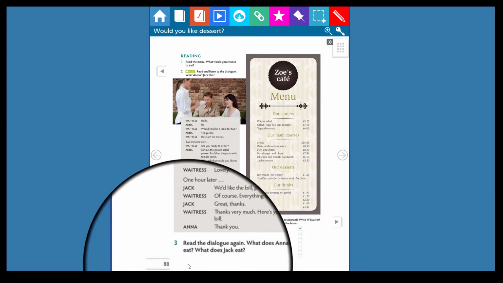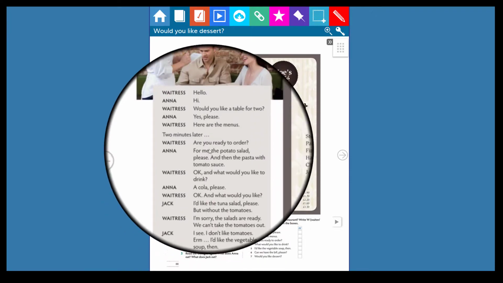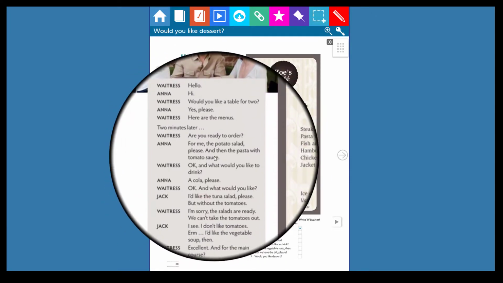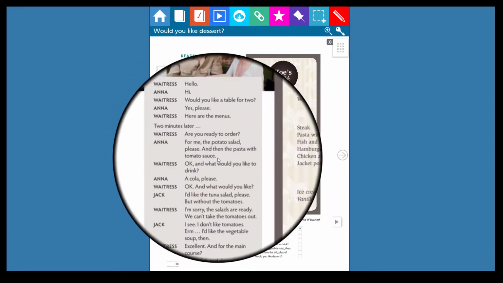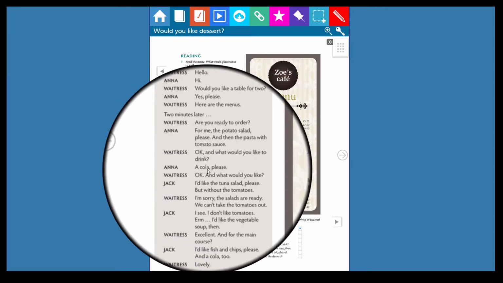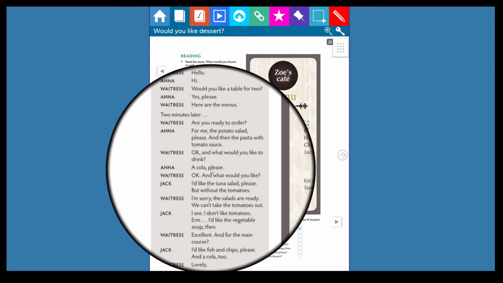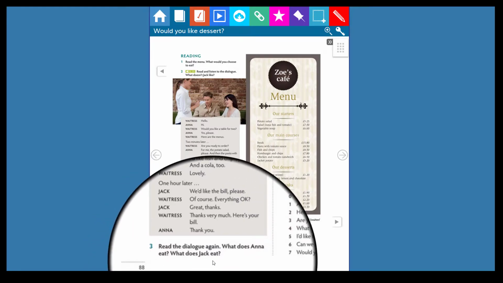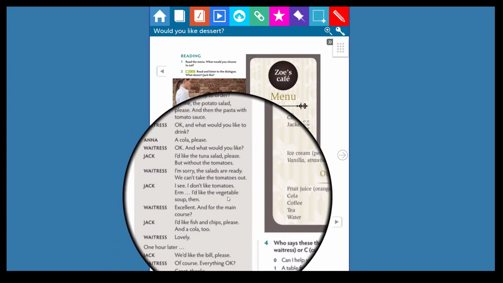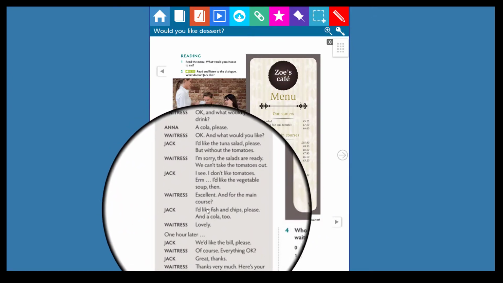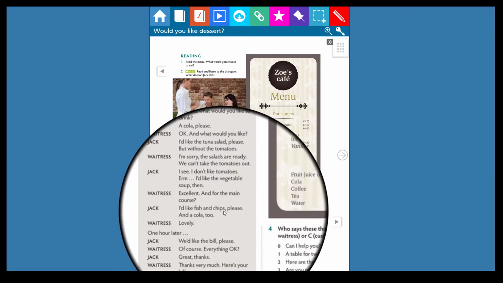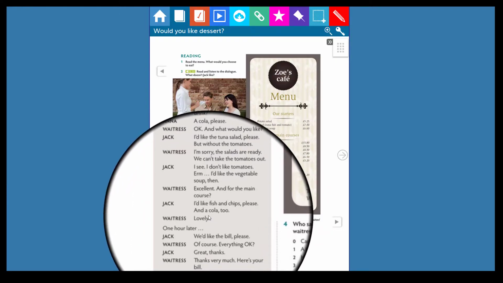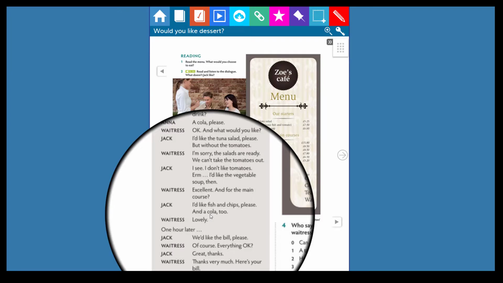The answer is the potato salad and the pasta with tomato sauce, and to drink a cola. And what does Jack eat? The answer is the vegetable soup and fish and chips with a cola too. That is the answer. Very good.